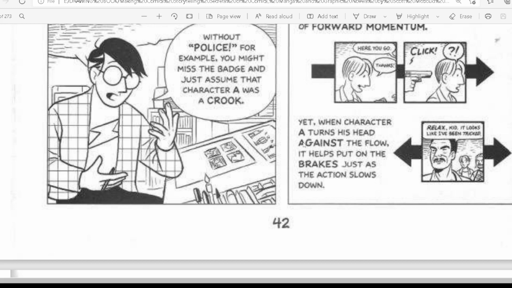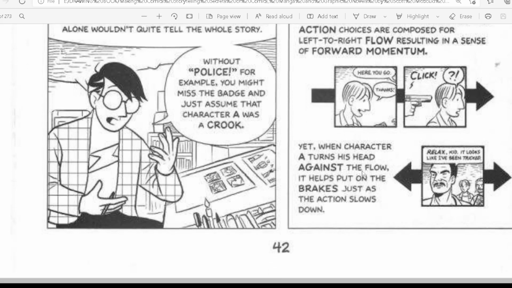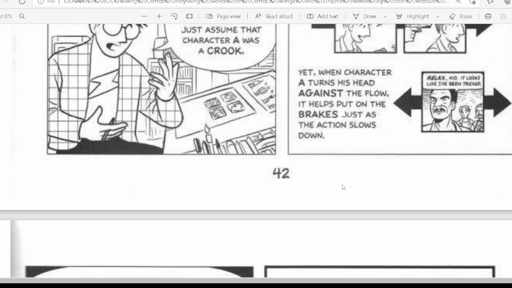Yet when character A turns his head against the flow, it helps put on the brakes just as the action slows down. As you can see here, the policeman came and he turns his head against the flow, right?